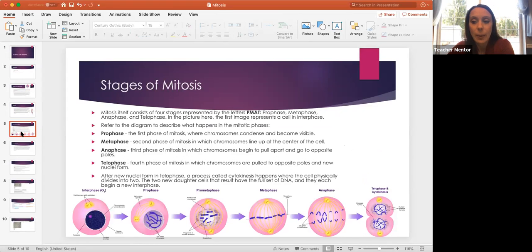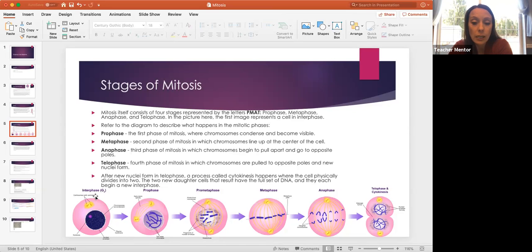Okay, here at the bottom, you can see some images of the stages or phases that mitosis goes through. Mitosis itself consists of 4 stages represented by the letters P, M, A, T, which is prophase, metaphase, anaphase, and telophase. In the pictures here, the first image represents a cell in interphase.